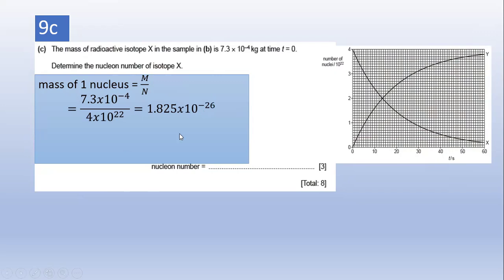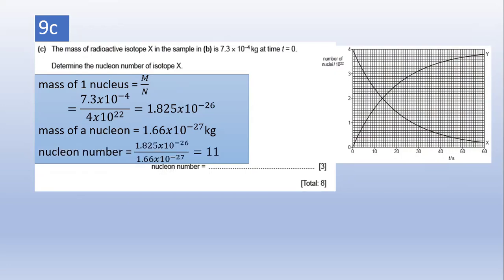Then divide by the mass of one nucleon, 1.66, from the data sheet. Mass of nucleus divided by mass of one nucleon, get 11.